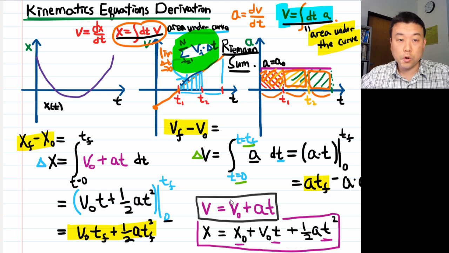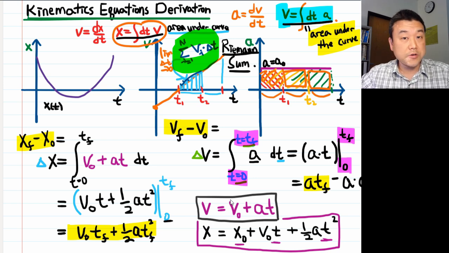But what I want you to observe and take away from this third derivation of kinematics equations is this use of definite integrals. You are going to be seeing this a lot, and I'll point this out again when we get to forces and rotational inertia, which are the other two topics where you're going to be using integration as a problem-solving technique more so than in other parts of this class.